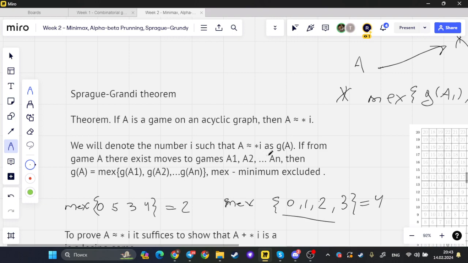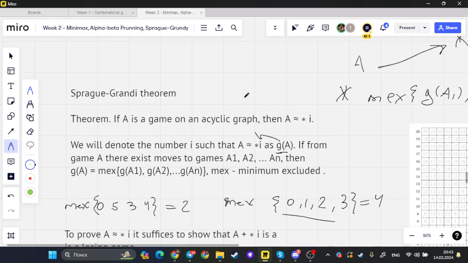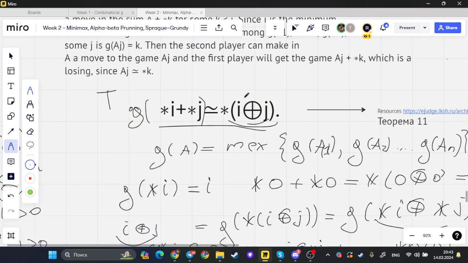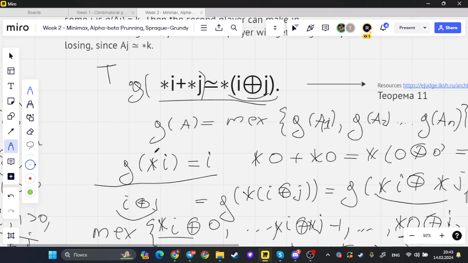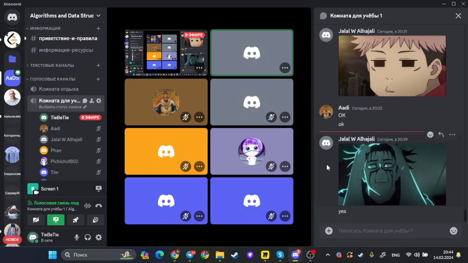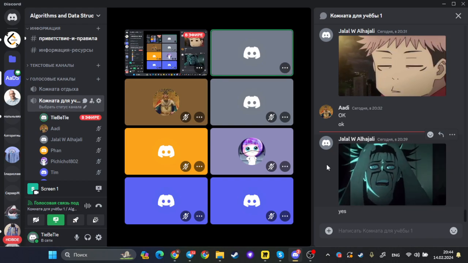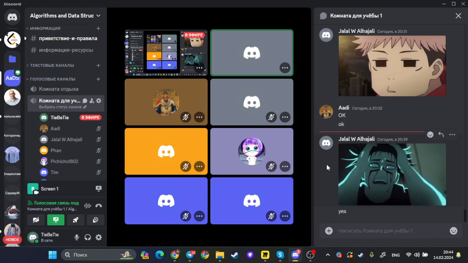It returns the number of stones in the nim game. Okay, and according to this fact, G of star e is equal to e. And we use this here. Do you understand me? If you have any questions, please ask them in chat.